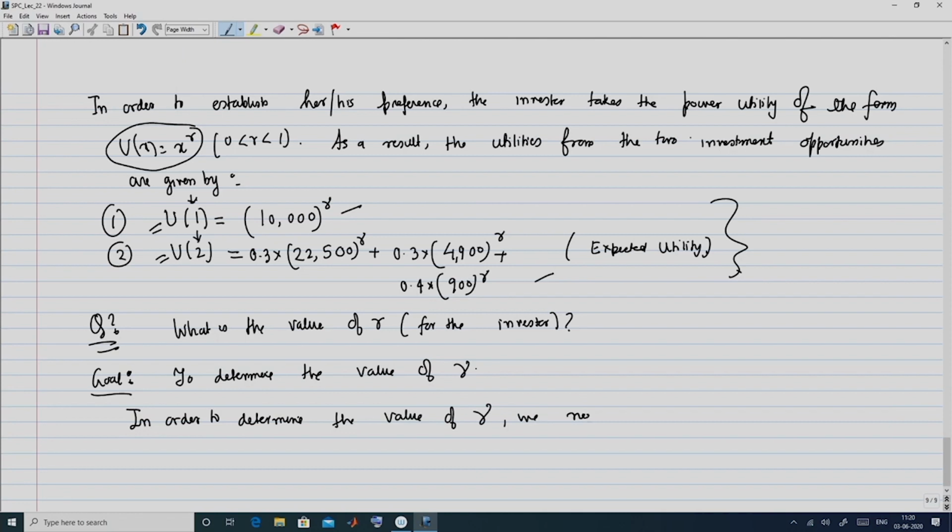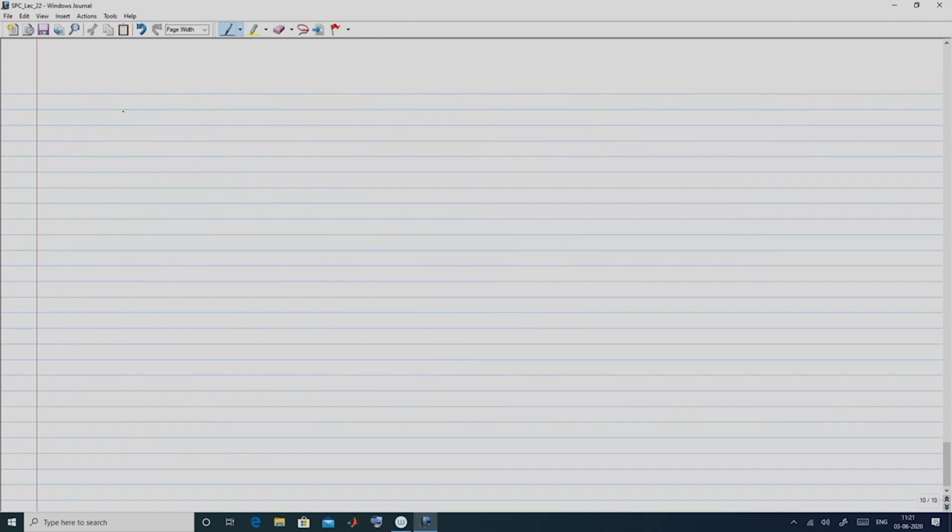Now, in order to determine this value of gamma, we need more preferential information from the investor. So, then the investor says that they are indifferent.